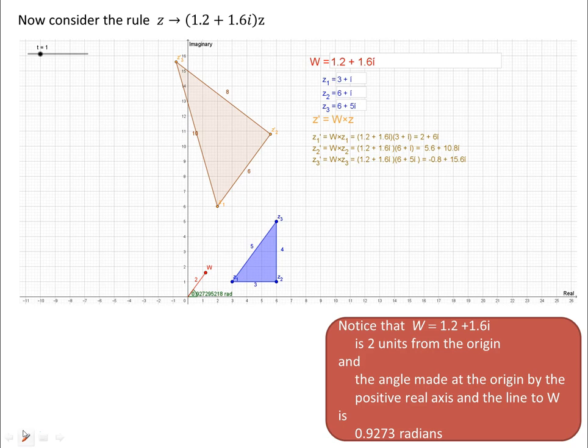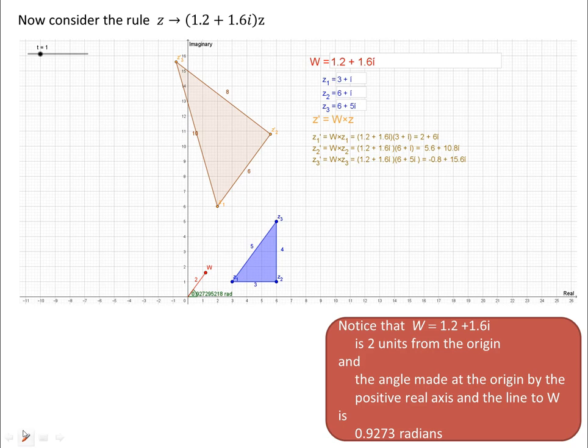The brown image triangle is obtained by taking a z value and multiplying that z value by w. So for example, to obtain the image of z1, we take z1, which is 3 plus i, and we multiply it by w, which is 1.2 plus 1.6i.